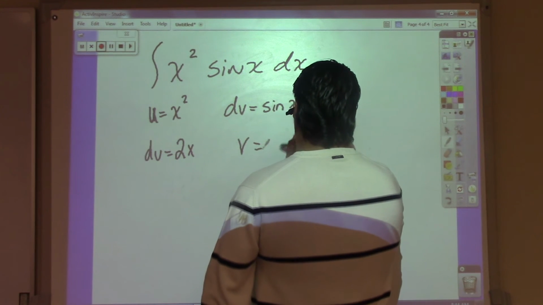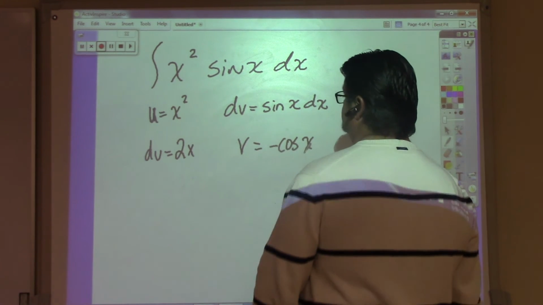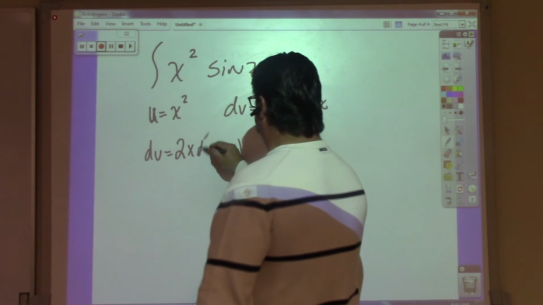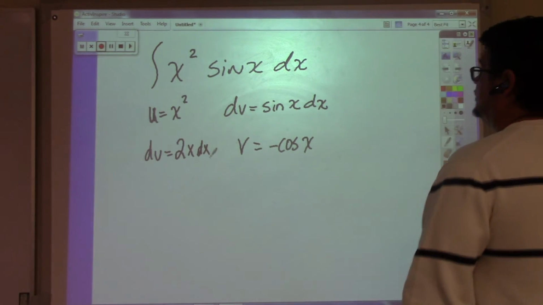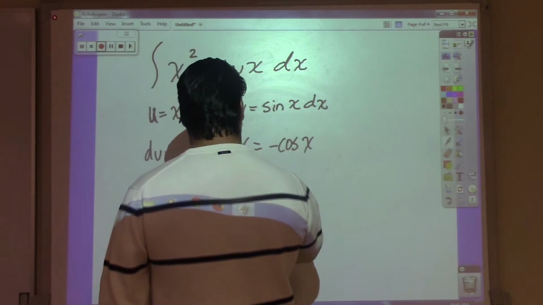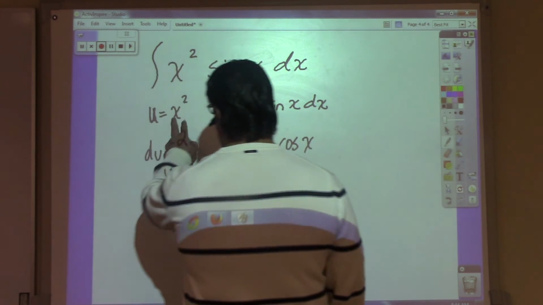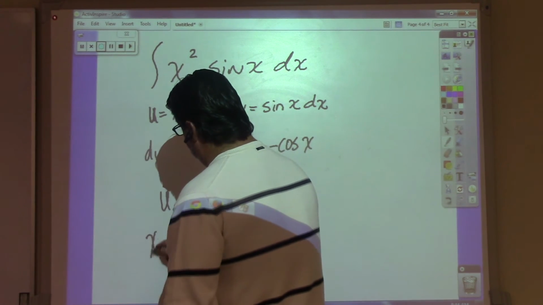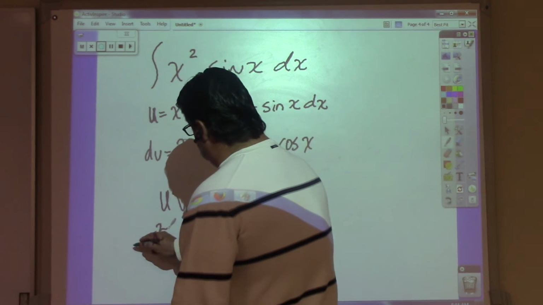V is equal to what? Negative cosine? So, u v minus the antiderivative of v du. u is x squared. v is negative cosine of x.